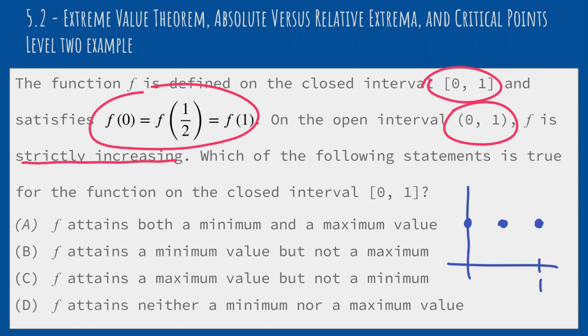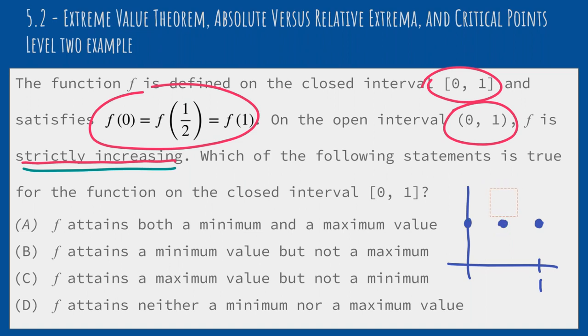And then the next part here says that if f is strictly increasing on the open interval, I can't start at the endpoint here and do something like this, because then we have an x value here that is smaller than an x value here.